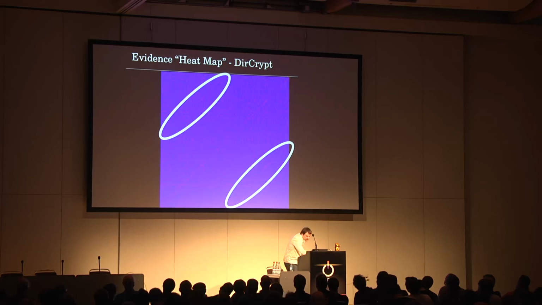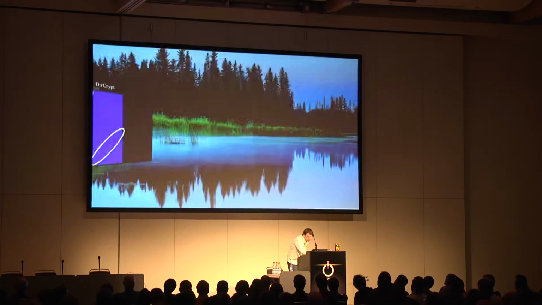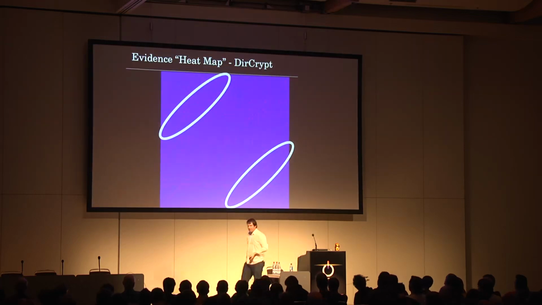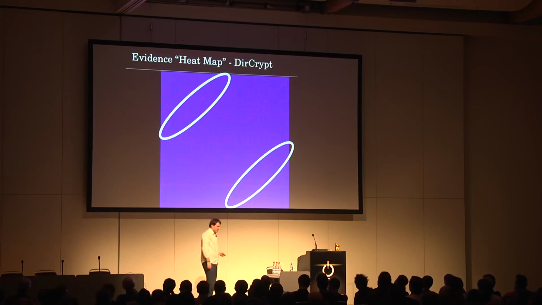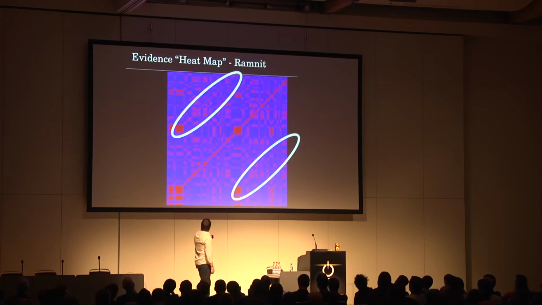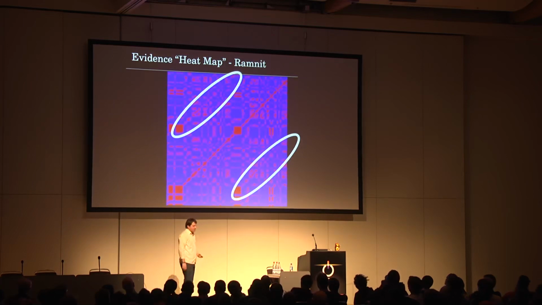Let's see if we have time for the demo. I see the other demo isn't working for some reason. Never mind, the other demo wasn't as exciting as this one, because it showed you a script running, the script that generates this. Basically, the Ramnit malware that we saw earlier sends this communication, and the script iterates over this.